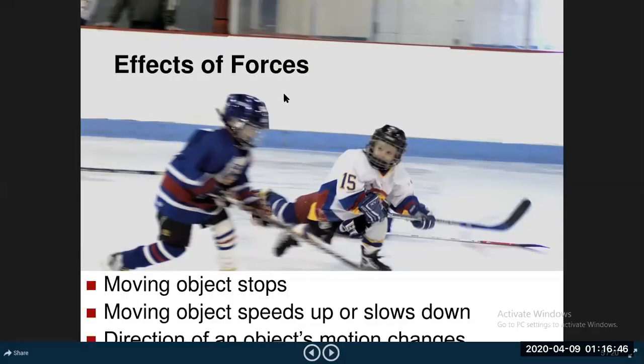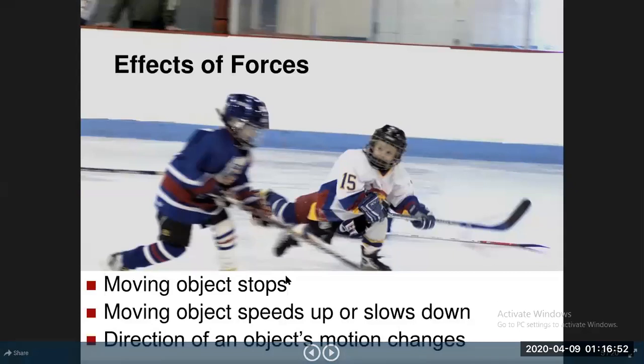Here is the effect of force: a moving object stops. While you are playing cricket and you stop the ball before it reaches the boundary, you just apply force, and when you apply force in the direction opposite to the motion, the ball comes to rest.